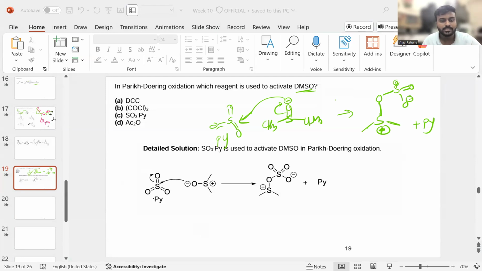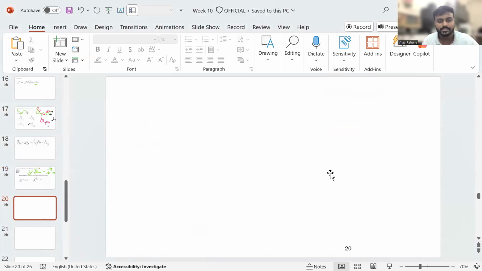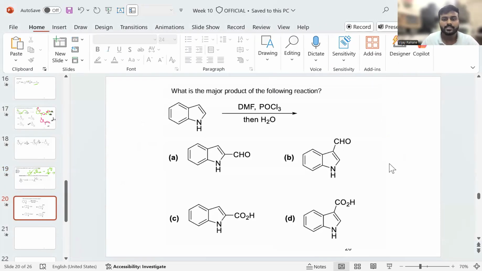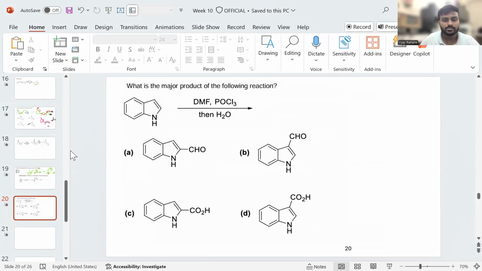Then there is a reaction based on selectivity. If you have one of the starting materials, let's say this is the question: what will be the major product formed in this reaction? We have DMF and POCl3, right?